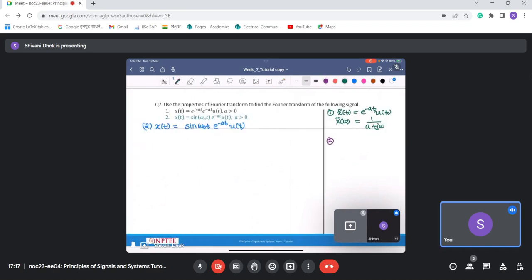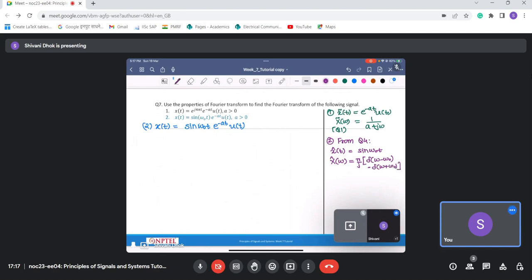So this we are getting from question 1, and from question 4, let's say x hat of t is equal to sine omega naught t, and the Fourier transform of this, x hat of omega, is equal to pi by j times delta of omega minus omega naught minus delta of omega plus omega naught.